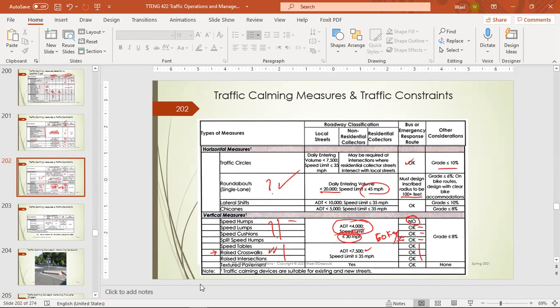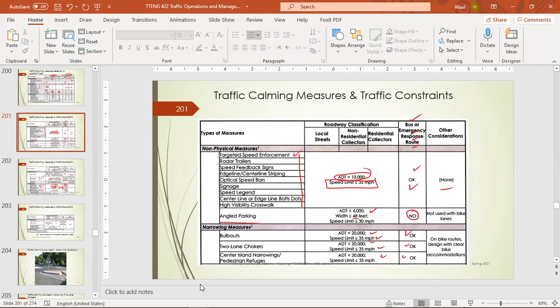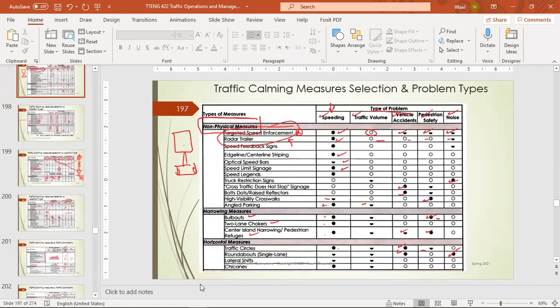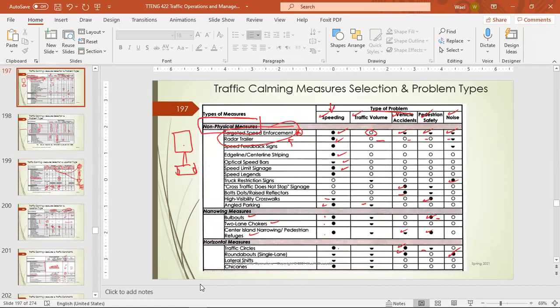That's one of the issues. So again, as I mentioned, for the problem we make a selection: which treatment, which technique will be useful to mitigate the problem. For example, for traffic volume, none of these is that efficient.